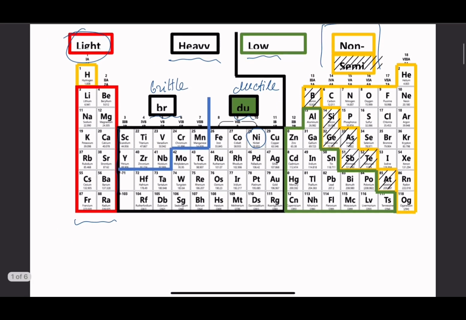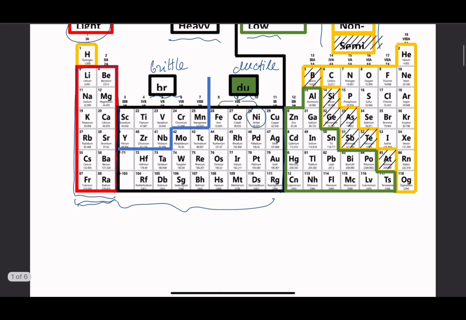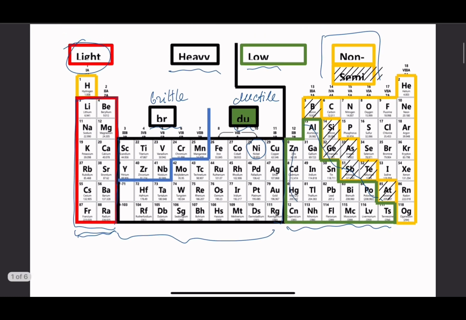You need to know that light metals are these two groups, alkali and alkali earth. We have this big black box with the D block elements, which are metals, and then metals again on this side, but they're low melting point metals.